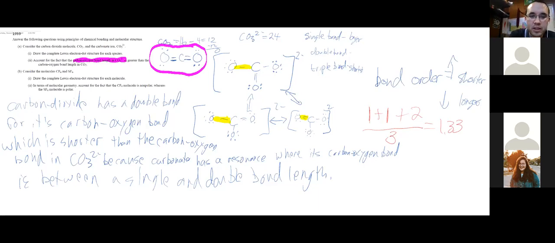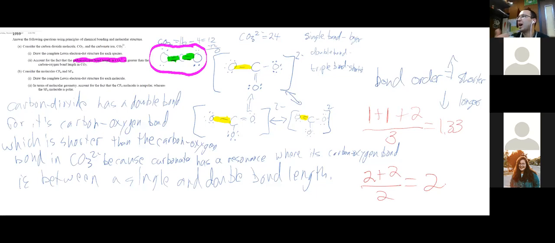Now, when we look at this carbon-oxygen bond over here, you can see that it's a double bond here, and that other carbon-oxygen bond is also a double bond. So we would have 2 plus 2, and there are 2 of those bonds, and so its bond order is just 2, right?